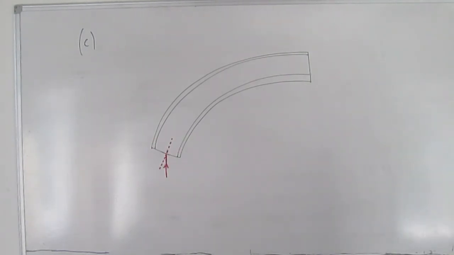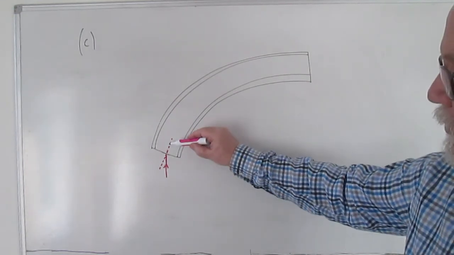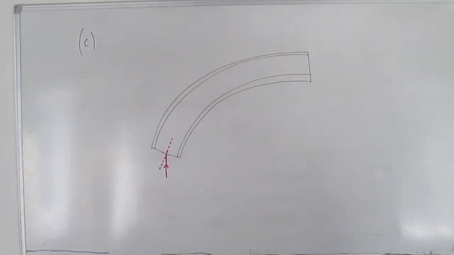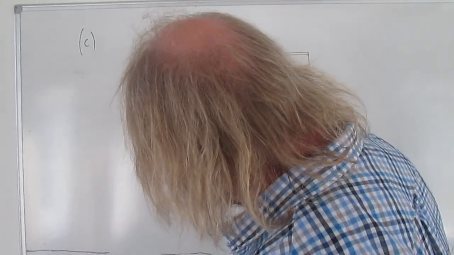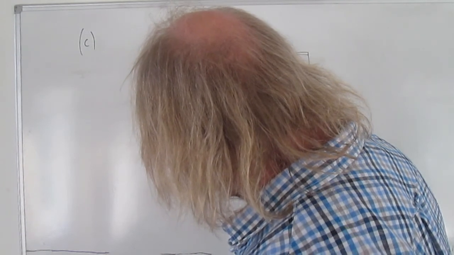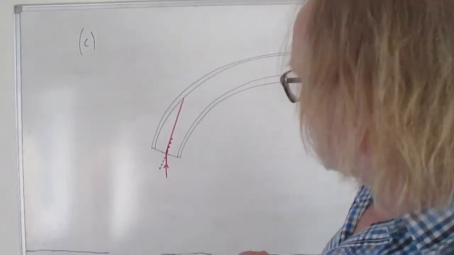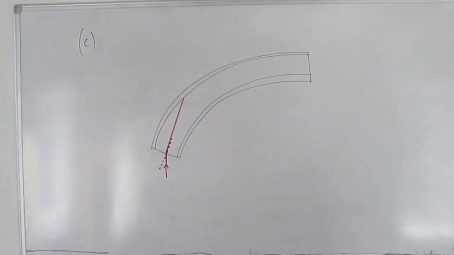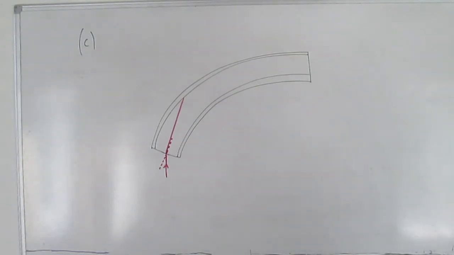If you're moving into a medium of higher refractive index, remember the law of refraction tells you that you're going to now move closer to the normal. So what's going to happen is that you're going to get bending here, and the light's going to move closer to the normal there. So you're going to get something like that. Okay, so the light is refracted there.